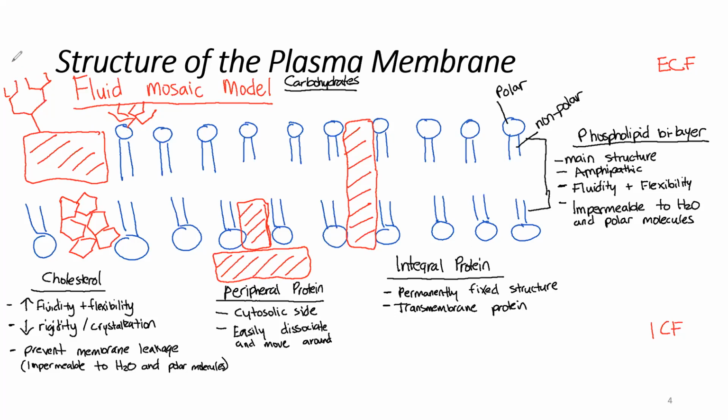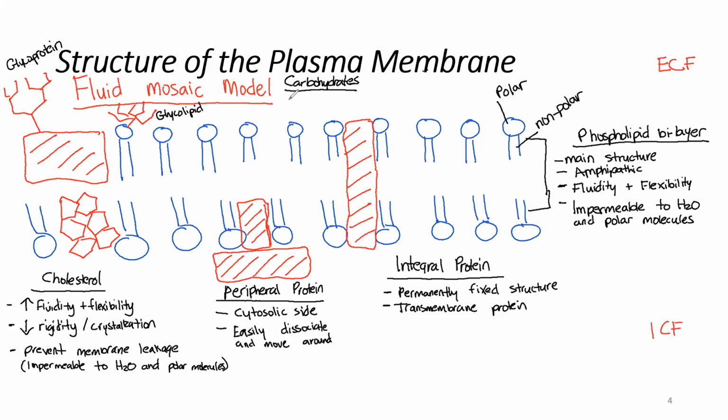So here's a glycoprotein, if we have these carbs linked to the proteins in the membrane, and here's a glycolipid, if we have these carbs linked to the phospholipids in the membrane.